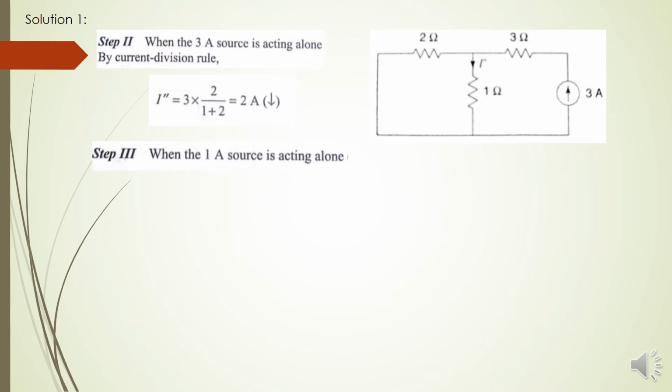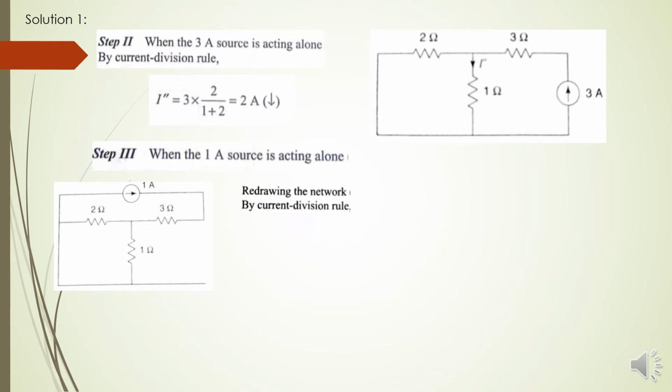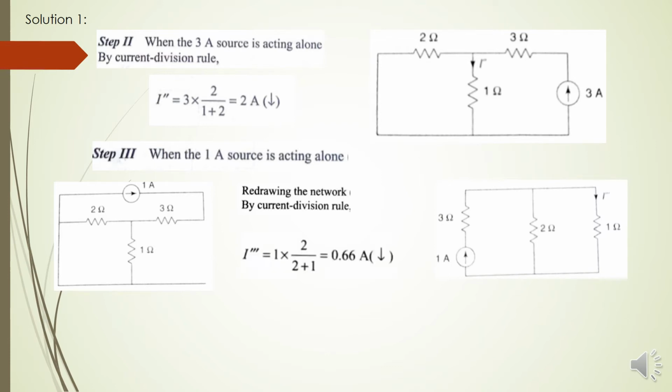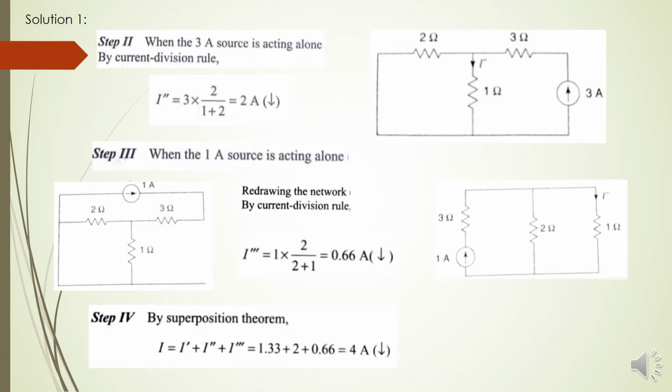Then in step 3, when the 1 ampere source is acting alone, the voltage source is short circuit and the other current source is open circuit. So the same network can be redrawn to apply the current division rule to find the current flowing through the 1 ohm resistor. And hence by using the superposition theorem, the total current is calculated.